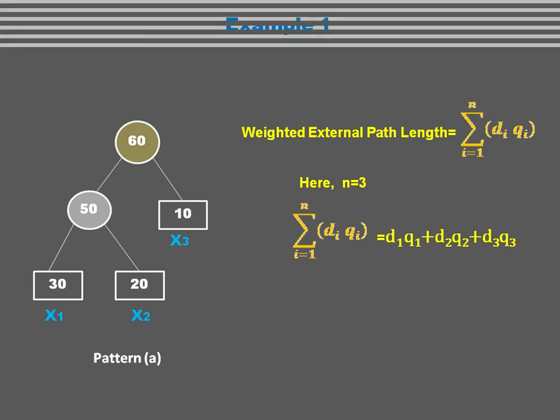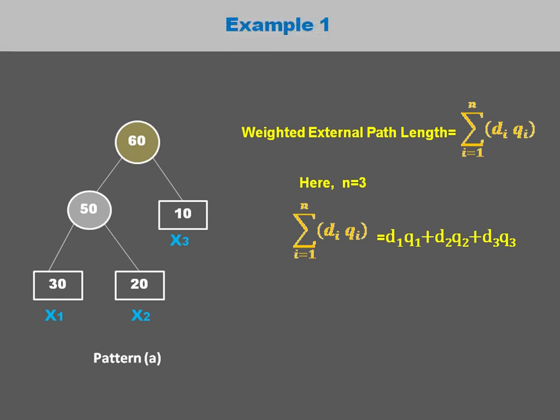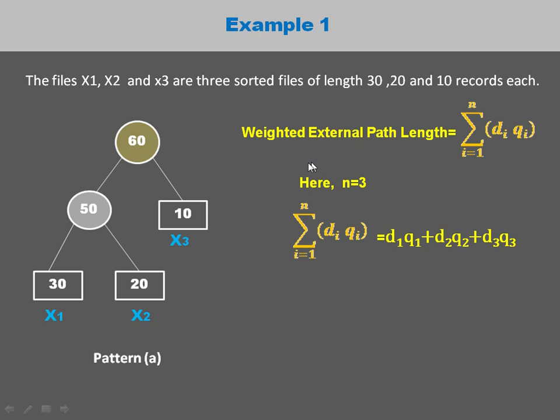Now, after drawing this pattern, we will find out the total number of record moves for this particular pattern. For that purpose, we use this formula: weighted external path length is equal to the summation of i equal to 1 to n of di into qi.